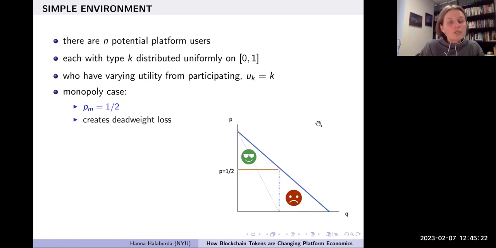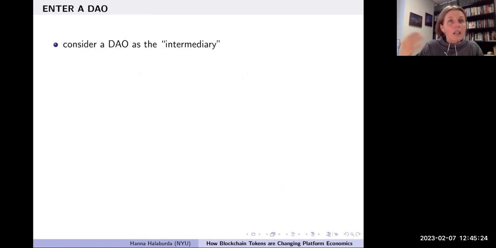So let's consider an alternative where a DAO is the intermediary in the market and the DAO is setting the price. Here we focus on the price decision because this is the clearest textbook decision and it's going to make our analysis clean. But it could be any value-extracting decision.